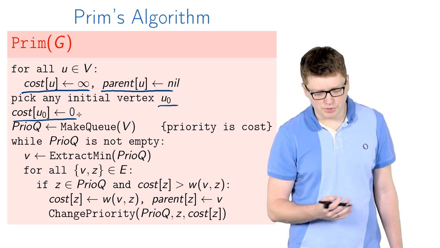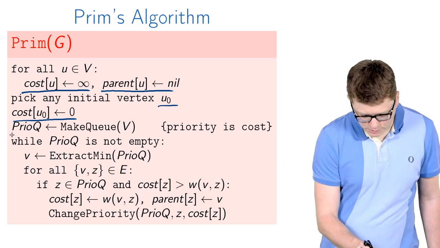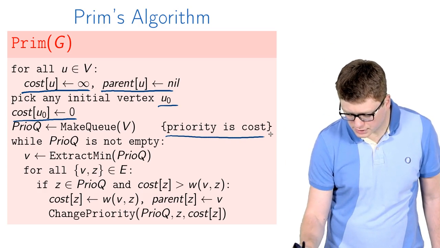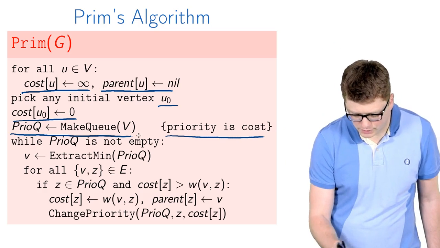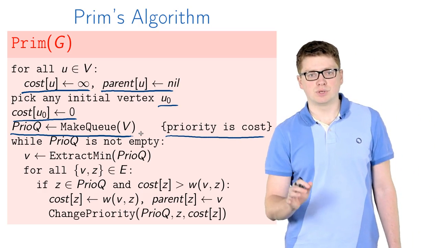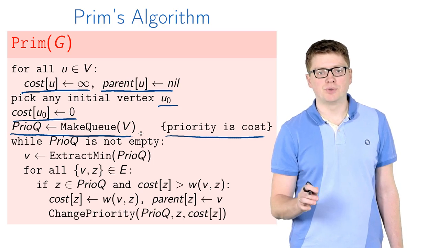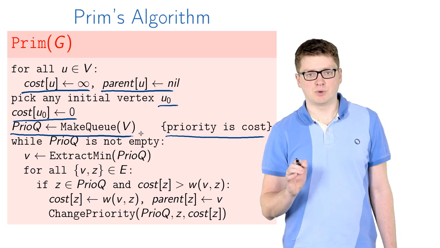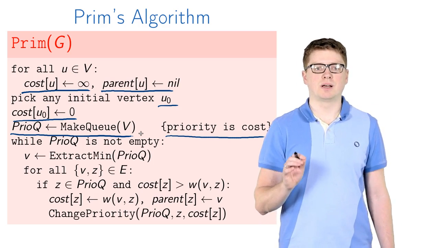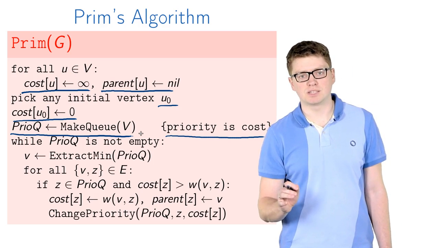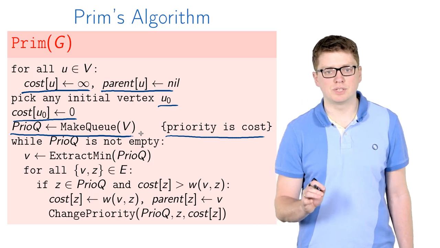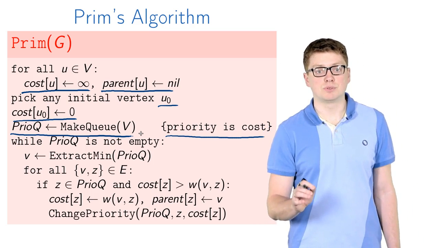We then create a priority queue, and we use costs as priorities. At this point, all the vertices lie in the priority queue, and the priorities of all of them except for u0 are equal to plus infinity, while the priority of u0 is equal to 0.